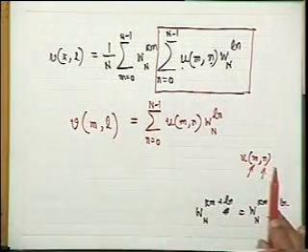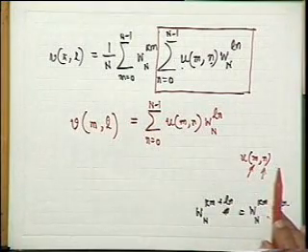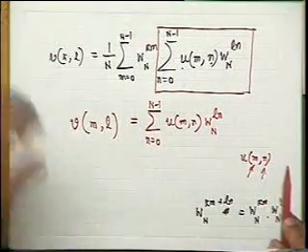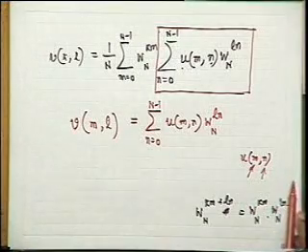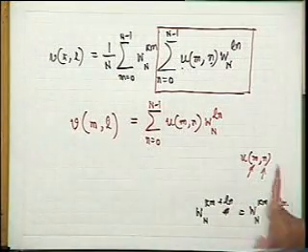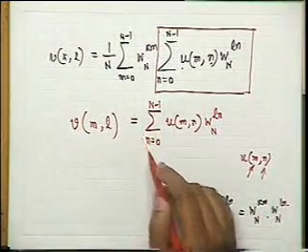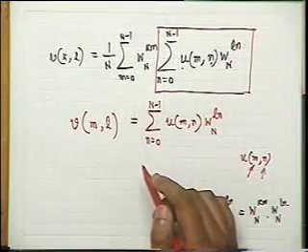Not exactly, because the one dimensional transformation should have been 1 upon n of this, and I am simply multiplying this by n.